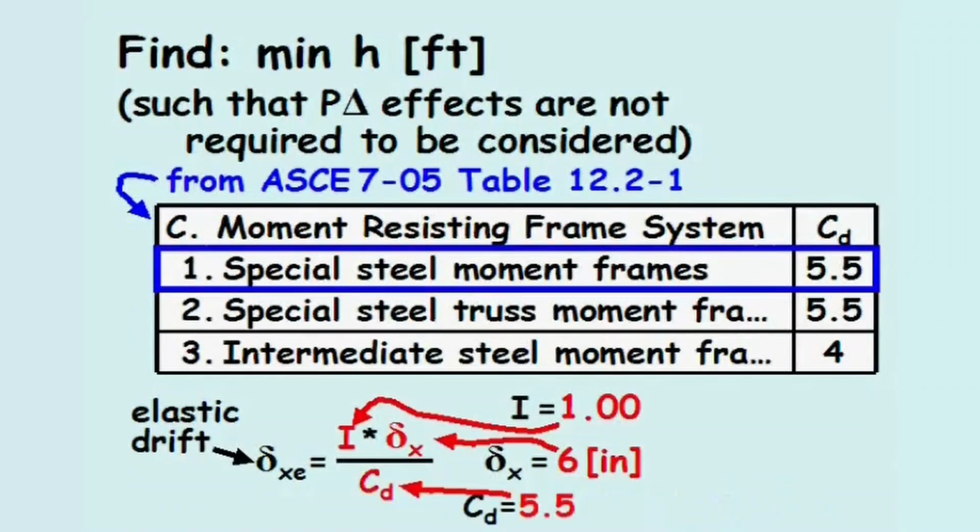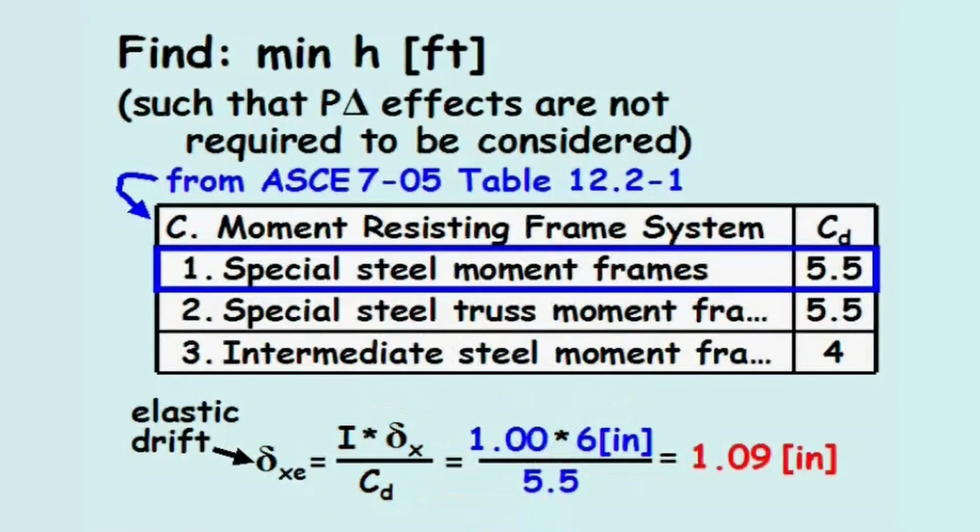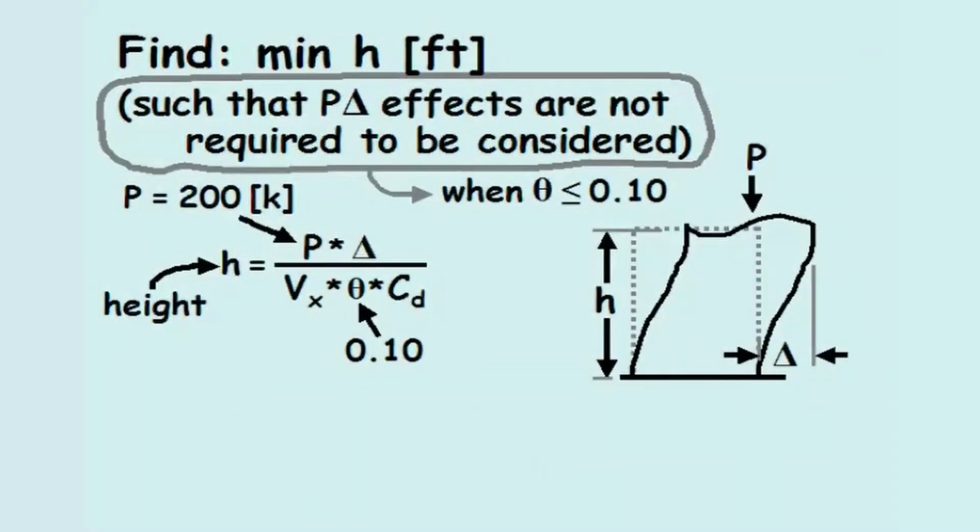Plugging in the appropriate values into the equation below, the elastic drift equals 1.09 inches. Returning to our equation for the minimum height, h, we can substitute in the values for the elastic drift and the deflection amplification factor.